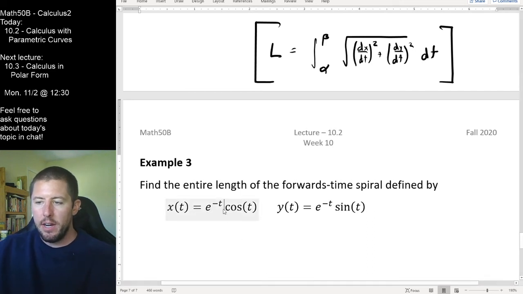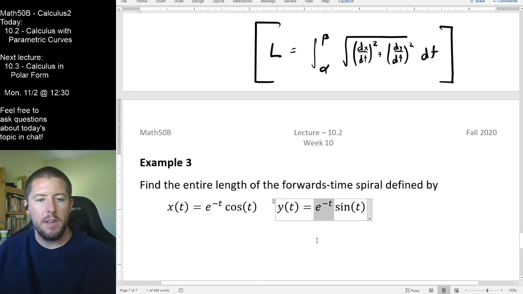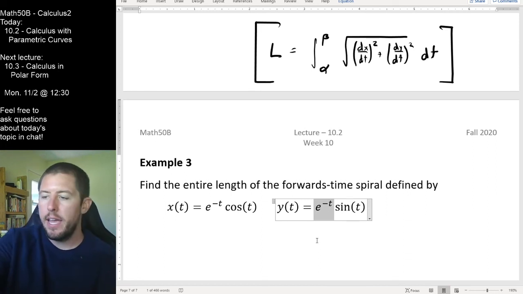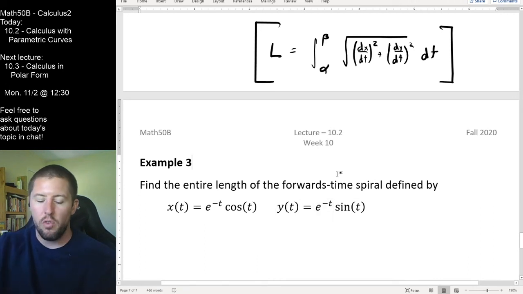But what I'm seeing here is there's this coefficient out front. Now, what you know about coefficients out front of cosine and sine is that you should typically be thinking of this as like r cosine theta, r sine theta. This seems to me like e to the negative t is sitting in the radius slot.